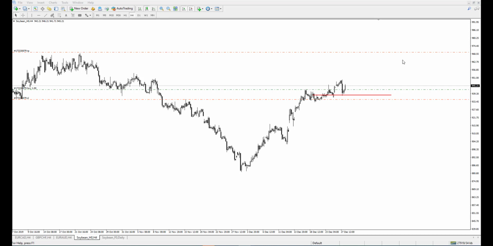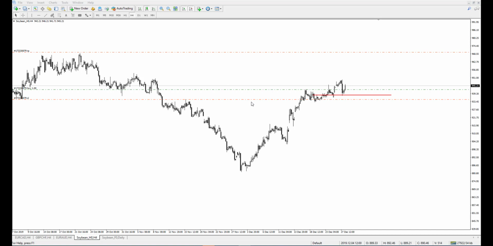The problem is you need to understand price, and if you don't, then you will end up on the wrong side, even though your indicator is showing you a divergence.